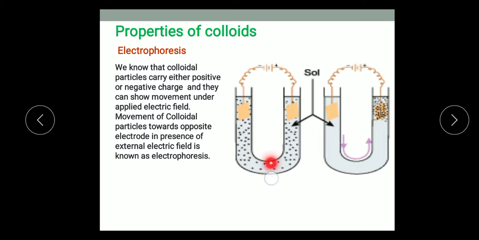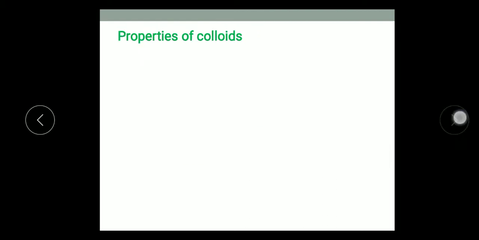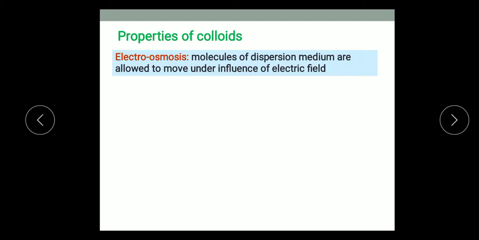In that case, the colloid particles cannot move because of the SPM. Then the solvent, that is the dispersion medium, will start moving in the opposite direction, and this is known as electroosmosis. So molecules of the dispersion medium are allowed to move under the influence of an electric field.